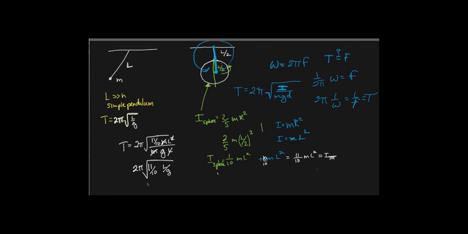So at that point, I can factor out that 11 over 10. What does that tell me, though, if I have that formula up there? That tells you the physical pendulum is a little bit over 1 times the simple pendulum, because this coefficient here is greater than 1.